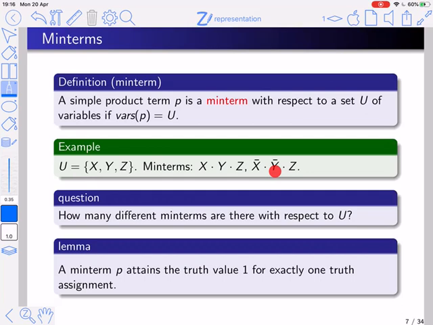The literal not y is satisfied if the truth value of y is also 0. And the literal z is satisfied if the truth value of z is 1. So the only truth assignment that satisfies not x and not y and z is the one that assigns 0 to x, 0 to y, and 1 to z. And this is basically the proof of the lemma. Okay?